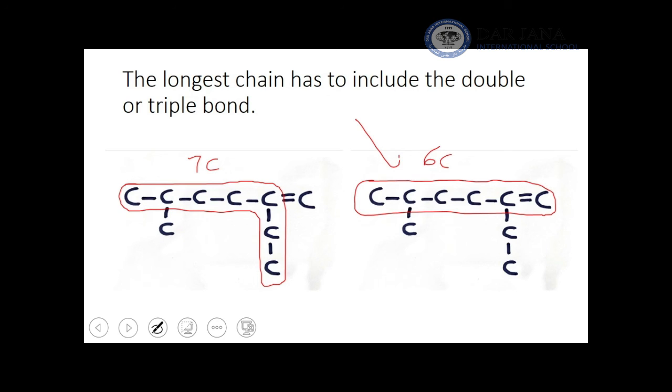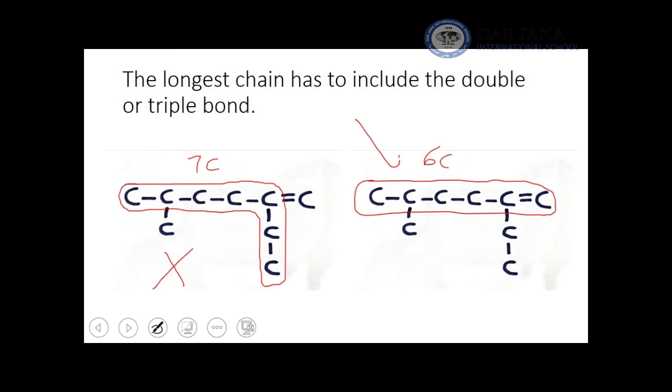Why? Because this chain contains the double bond. If you take the chain that does not contain the double bond, the name of the molecule will be wrong. So the first one is wrong and the second is correct. So the correct name for this molecule is, for sure you start numbering the chain from the nearest double bond.